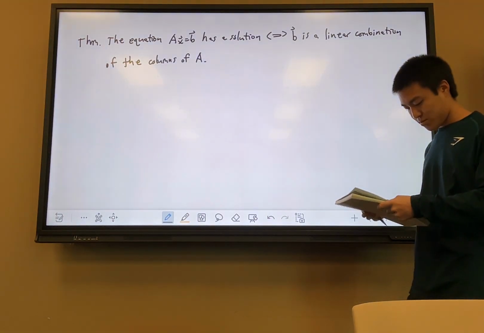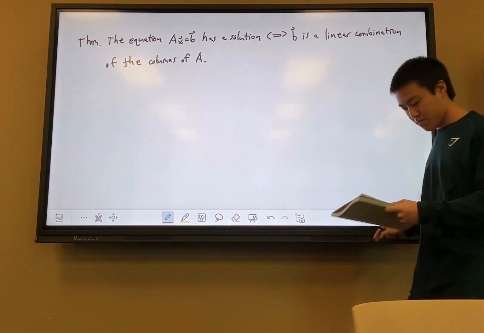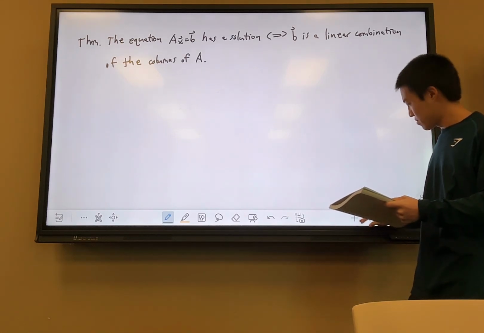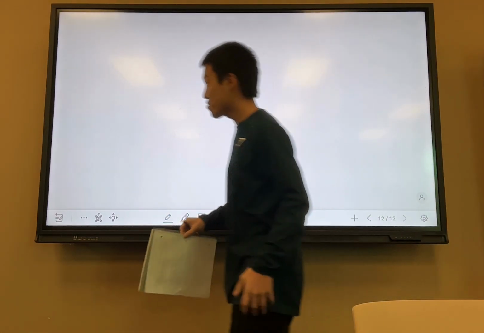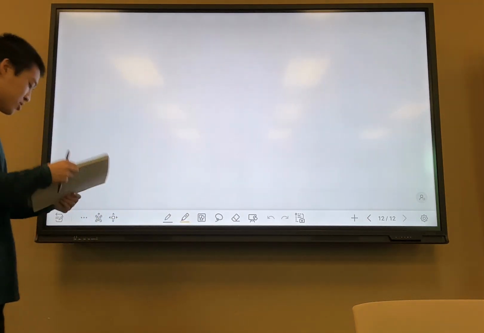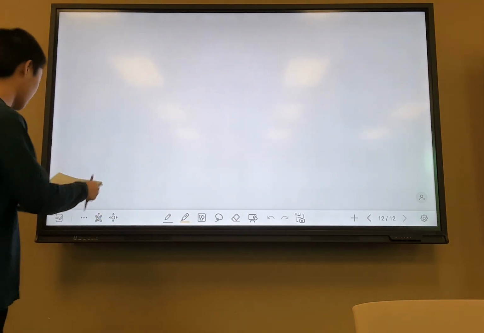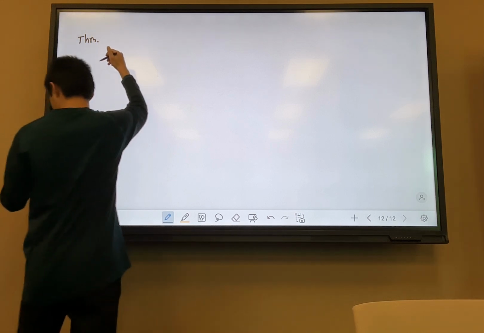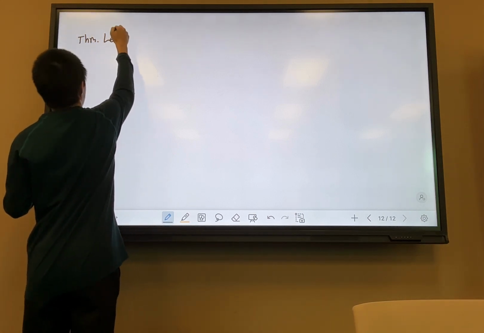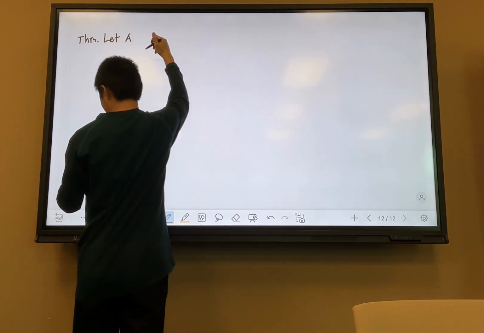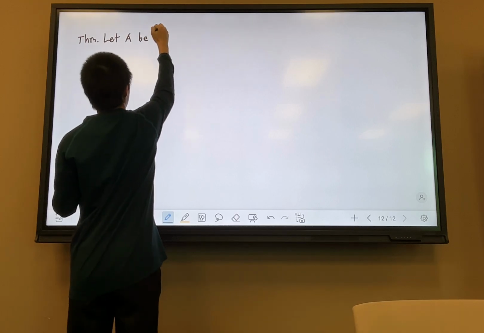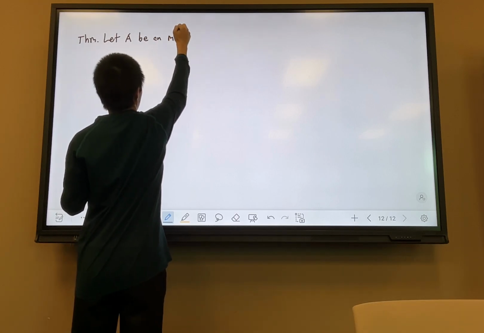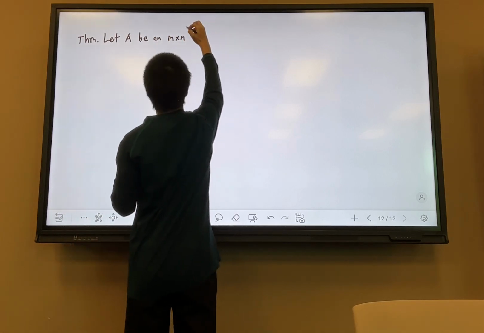Okay, let's go through another theorem. And this one I'll use to actually teach you some math notation for the class. Theorem. So let A be an m by n matrix.